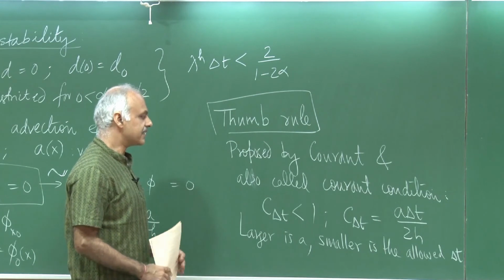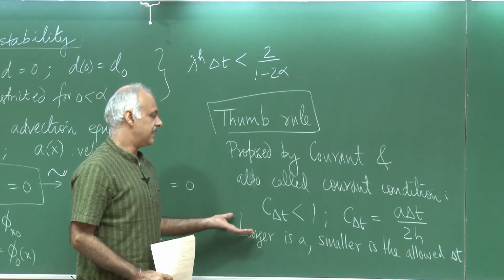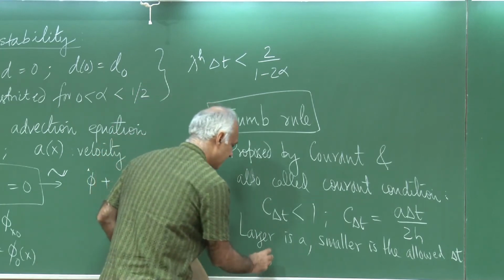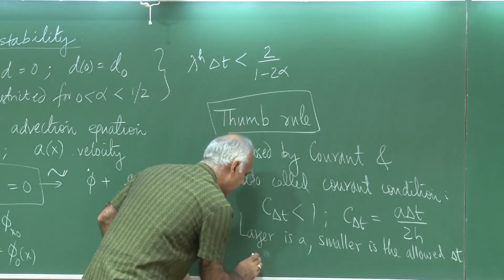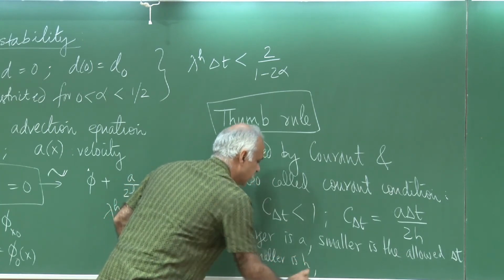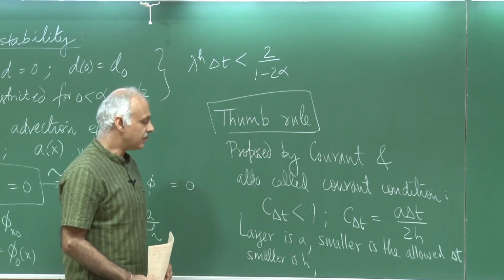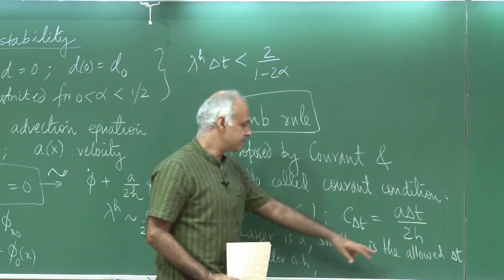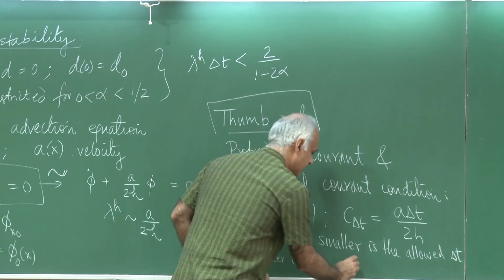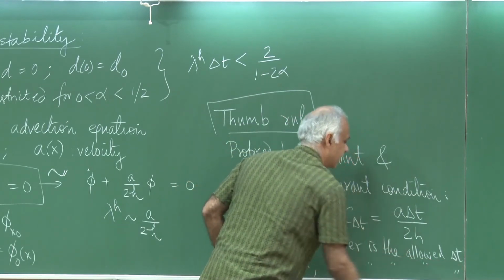Okay. So, if my convection speed is larger, then I would get a restriction on the time step. In addition, smaller is my h, the element length, that means the more refined is my mesh, again I get a restriction on delta t. So, I would get smaller is my allowed delta t.